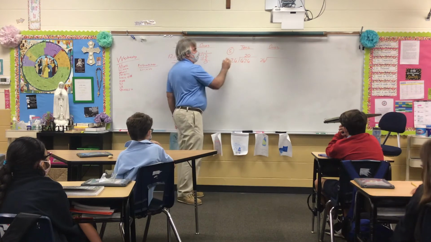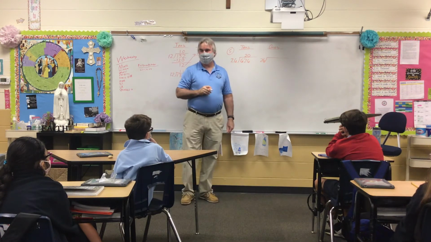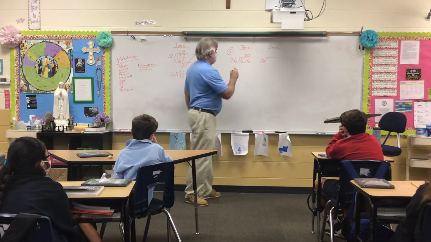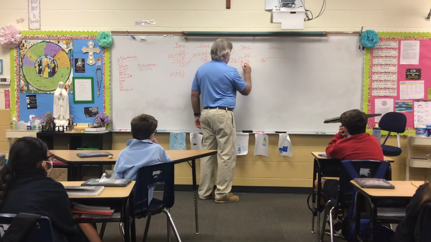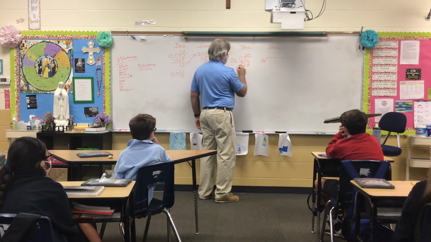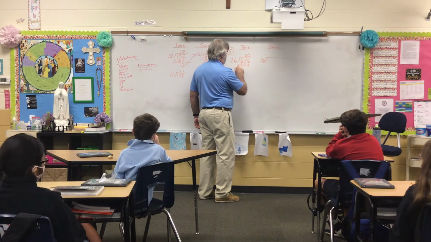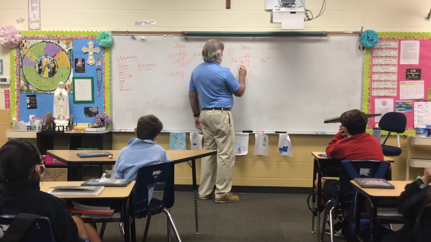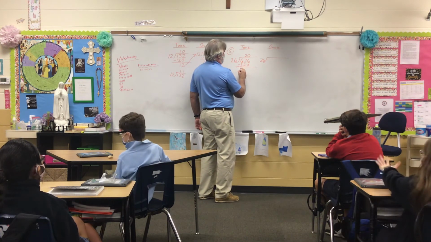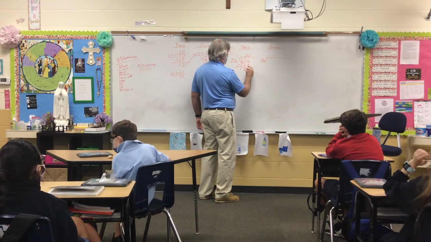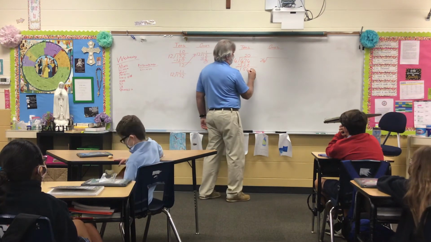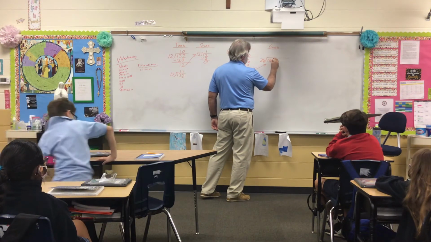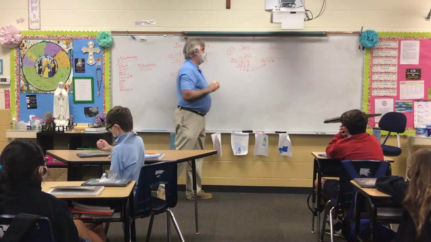What is 2 times 26? Jackson? 52. 52. So I'm going to put 52 and I'm going to put the 0 down. I'm not adding, I am subtracting. And I'm going to end up with 156. So this 156 is going to come over here. Okay?